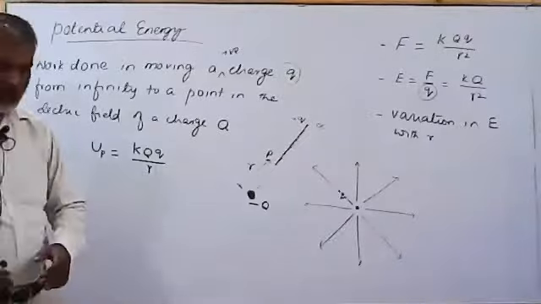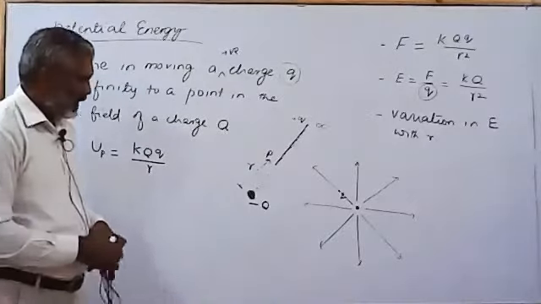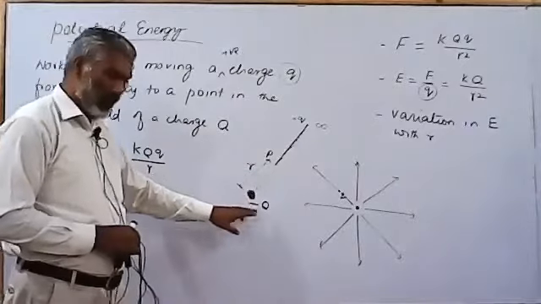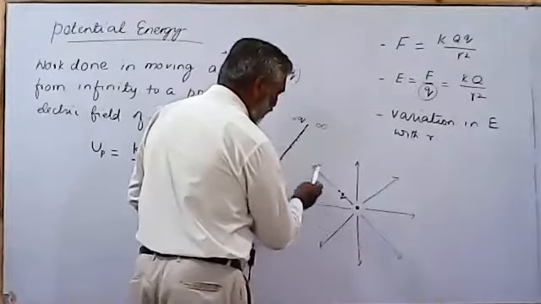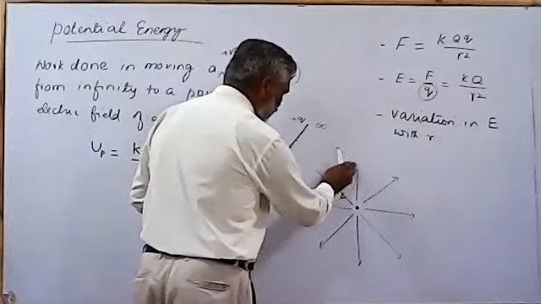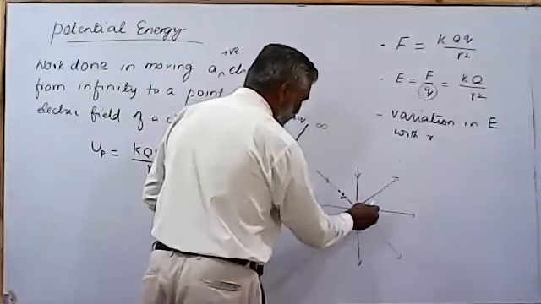But I have changed this positive Q to minus Q, and this picture is also different now. Instead of the field outward, the field is now inward, because this is a negative charge Q now.